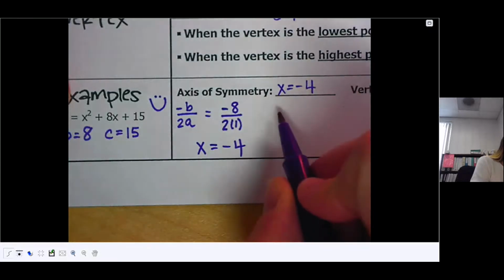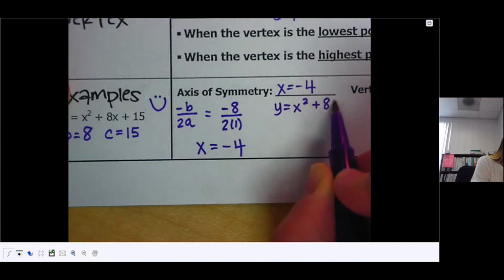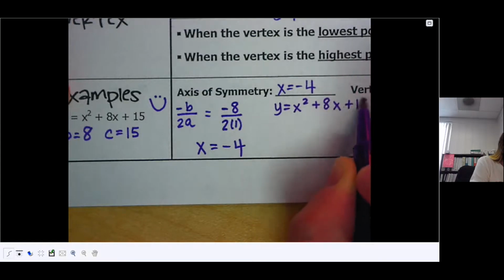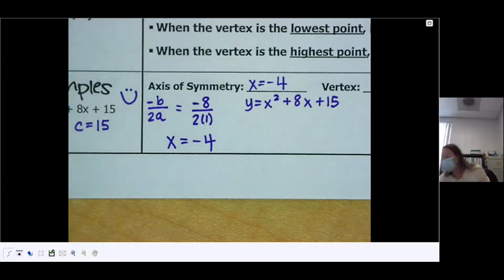We're going to write it out. So y equals, I'm just going to copy it first, x squared plus 8x plus 15. And now everywhere I see an x, I'm going to put parentheses and plug in the number negative 4.